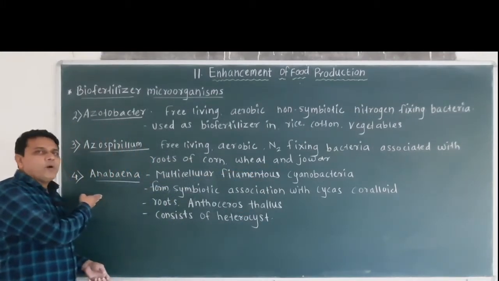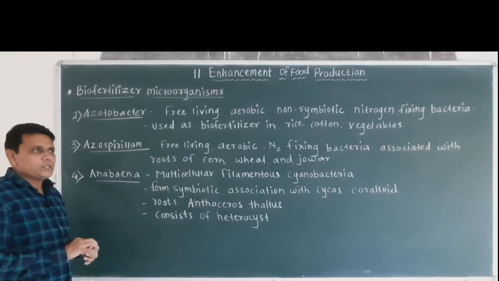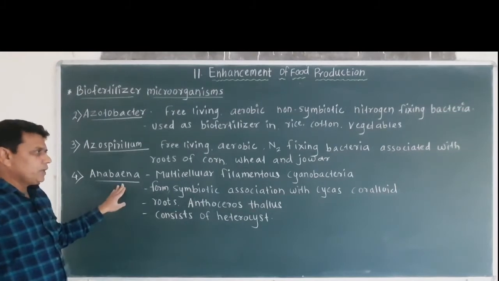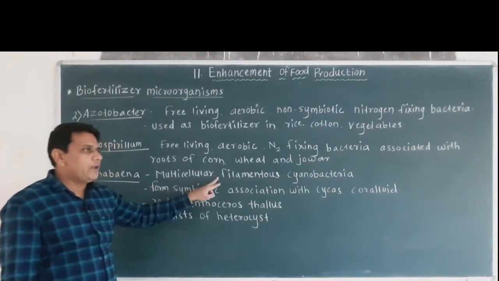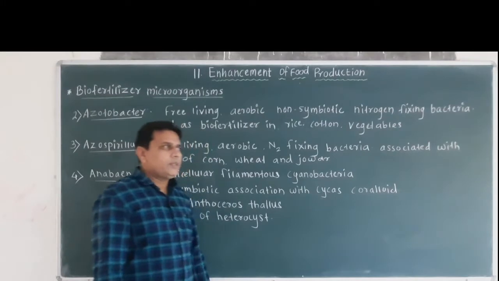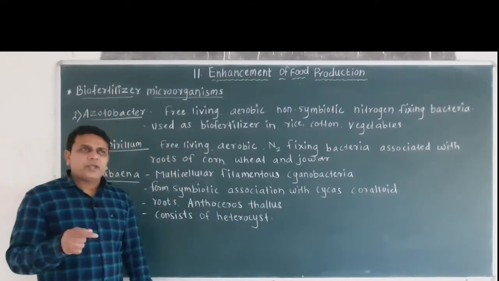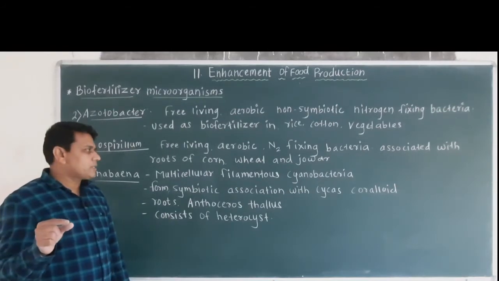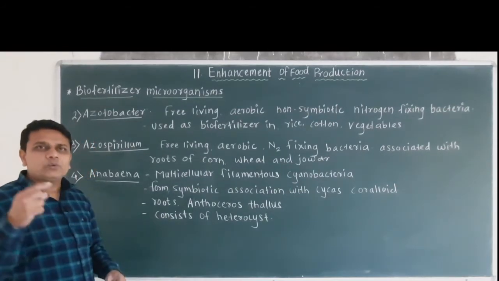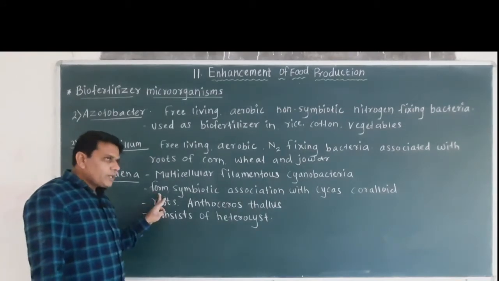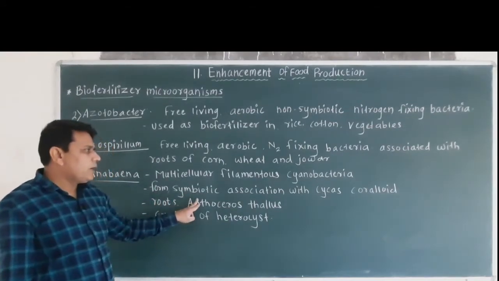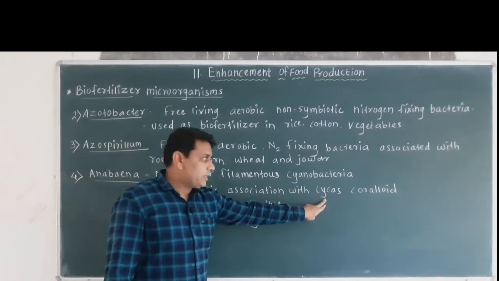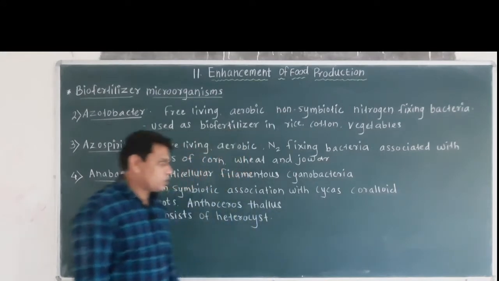Then the fourth type of microorganisms which are used as biofertilizers is Anabaena. Now Anabaena is a multicellular filamentous cyanobacteria, that means it is multicellular and it forms thread-like structures which are called filaments, and cells are arranged end to end. Then Anabaena may form symbiotic association with the roots of cycas, that is coralloid roots.